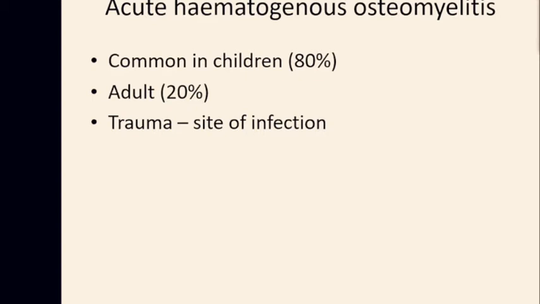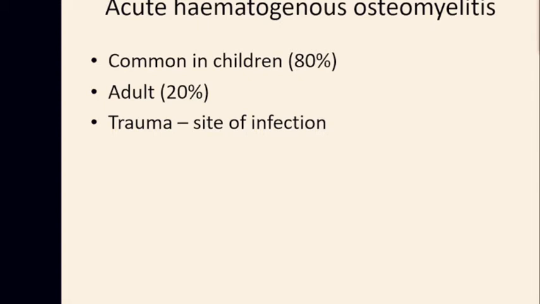So infection is somewhere in the body, and from there, the organisms come into the blood, bacteremia, and lodge in the bone, in the metaphyseal area, okay. In adults, this is only about 20%, but in children, this is the most common mechanism. So when we talk about acute hematogenous osteomyelitis, it means in children, okay.